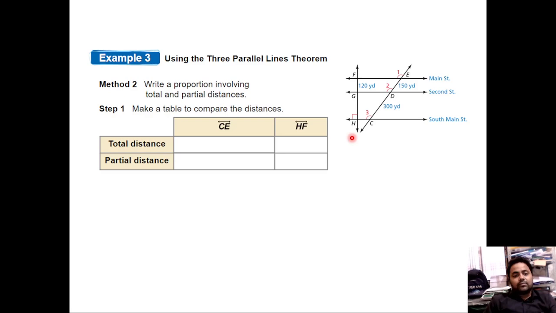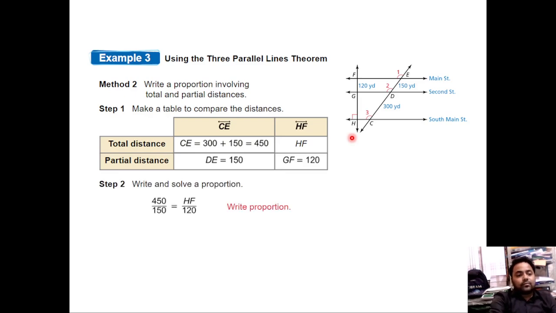For CE and HF, the total distance CE is equal to 300 plus 150, which is 450, and HF we have to find. And the partial distance DE is equal to 150 and GF is equal to 120.